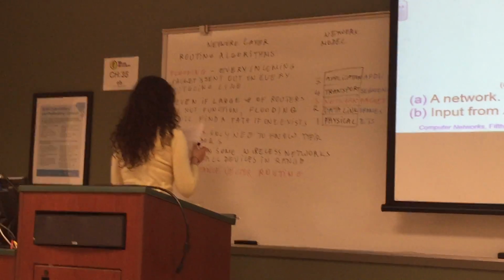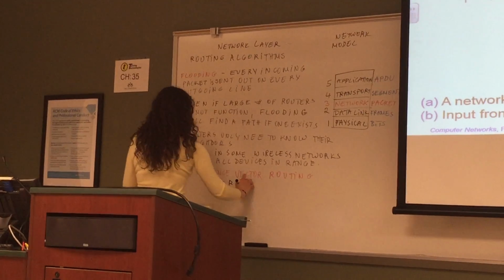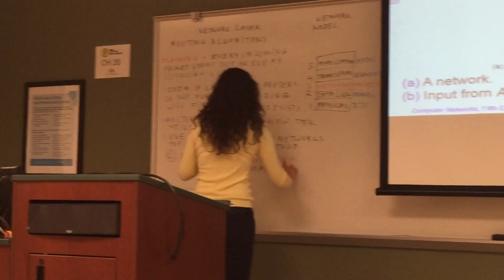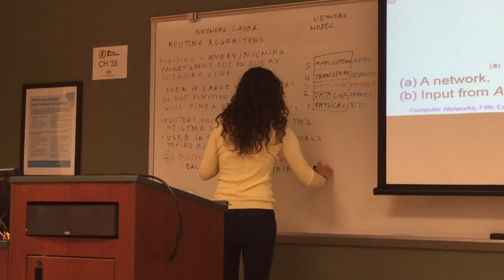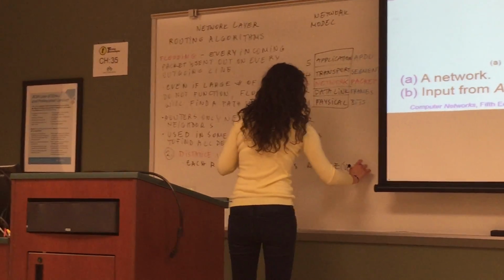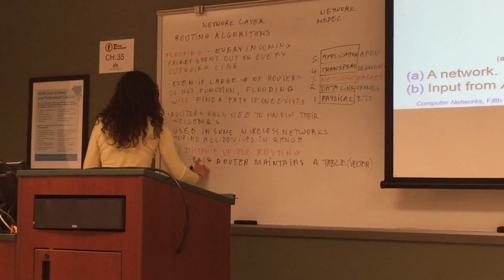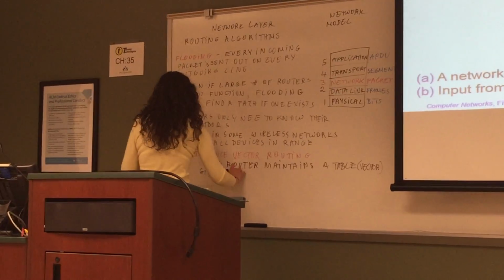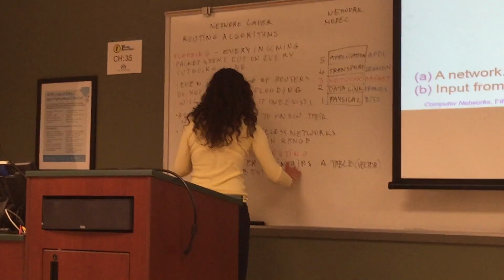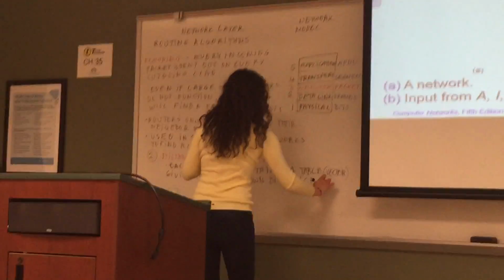So in distance vector routing, each router maintains a table or a vector giving the best known distance to each destination.